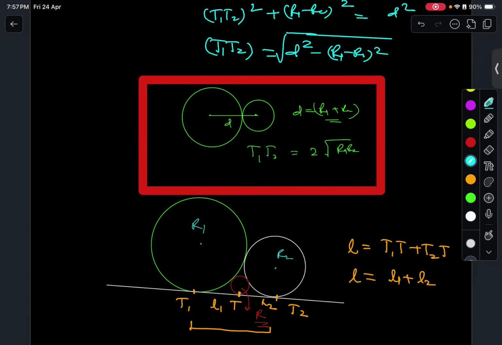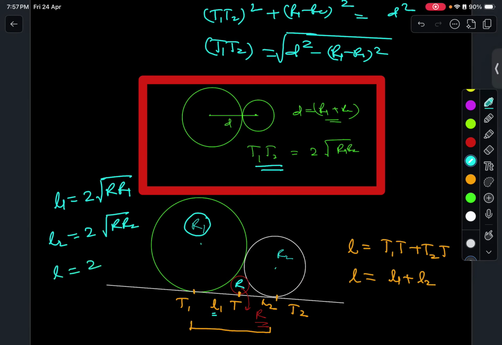This T1T is L1, right? So from this formula, this radius is R1 and this radius is R. L1 is nothing but twice the square root of R1 R. Similarly, L2 is twice the square root of R R2, and L is twice the square root of R1 R2.